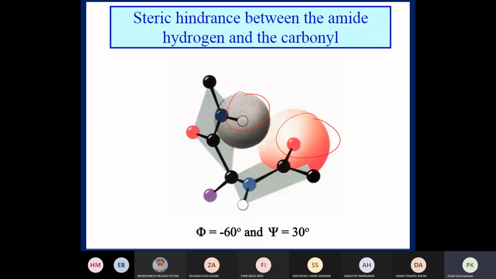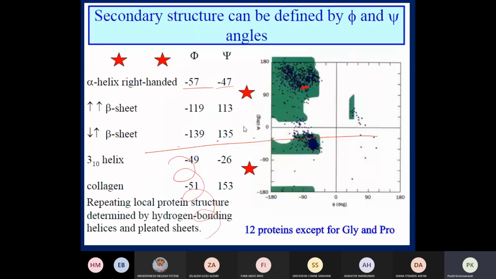So all phi and psi combinations are not possible. Only a few phi and psi combinations are seen in proteins. That's why in the entire Ramachandran map, only 10% of the psi and phi combinations are seen, and the remaining combinations are not seen.